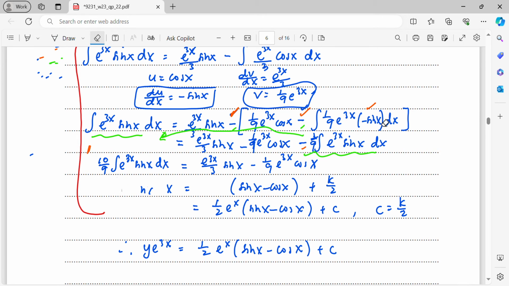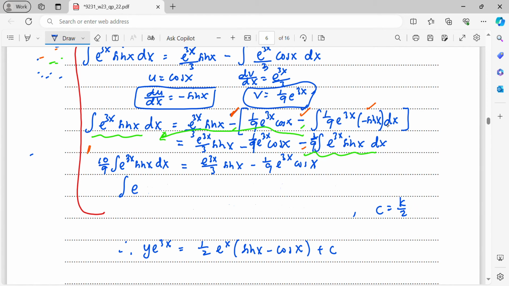Then here, this is going to be integrate e3x sine x dx. So this is 10 over 9. Now for the right side, because you have two terms here, I can factorize 1 over 9 e3x. So once you factorize 1 over 9 e3x, that is 3 sine x minus cos x.